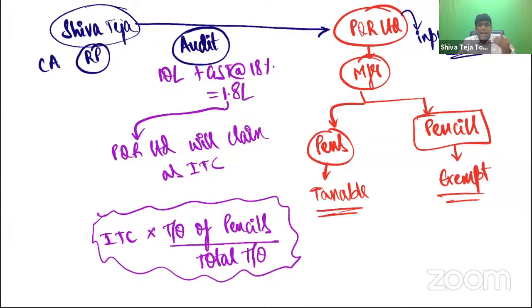Total turnover means pens and pencils. So basically, proportionality will calculate some figure. For example, pencil turnover is, let's say, for simplicity, 60 lakhs.